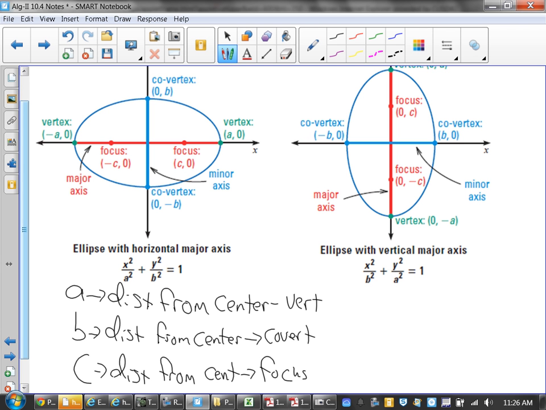X squared over A squared plus Y squared over B squared is 1, or X squared over B squared plus Y squared over A squared is 1. How you're able to tell which one is which is done by which number is bigger. A squared is always bigger than B squared. A will always be bigger than B.